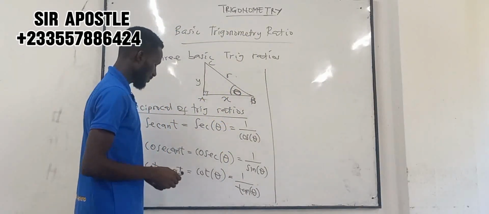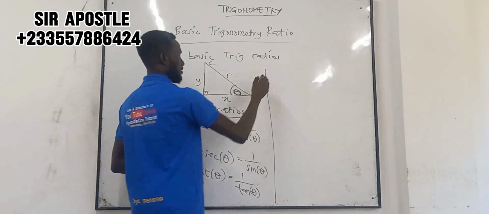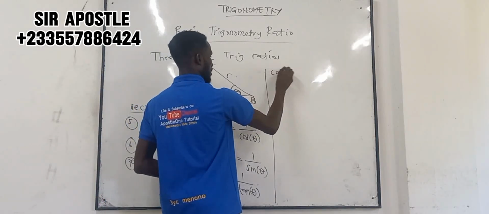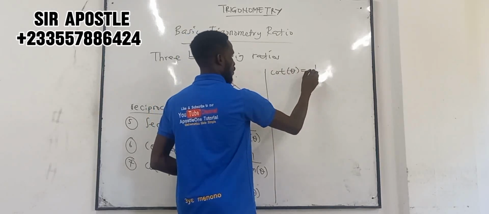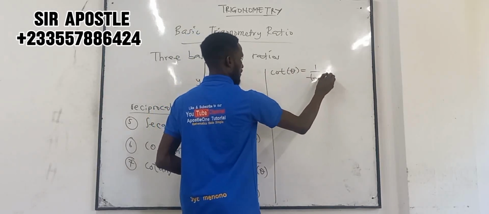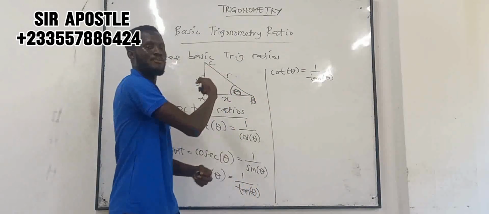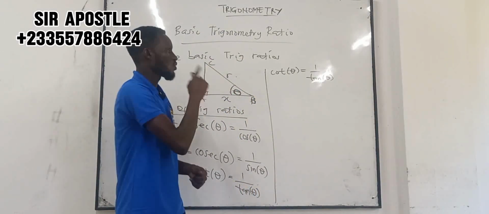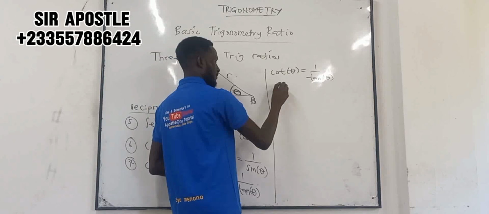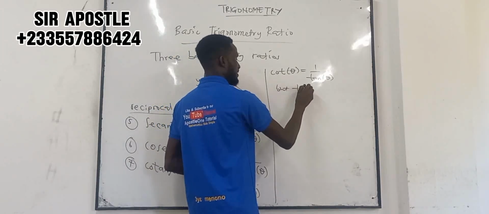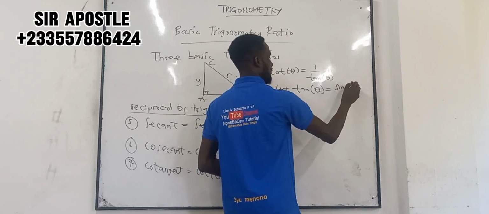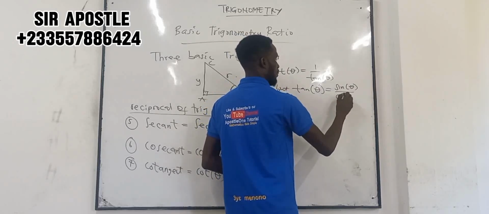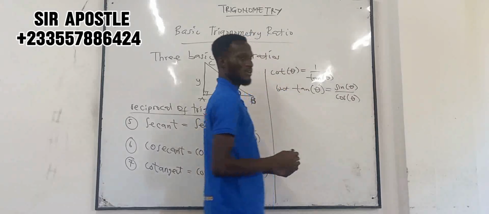Now, cot of angle theta is equal to 1 over tan theta. But looking at point number 4, we got to know that our tan theta is sine theta over cos theta, right?